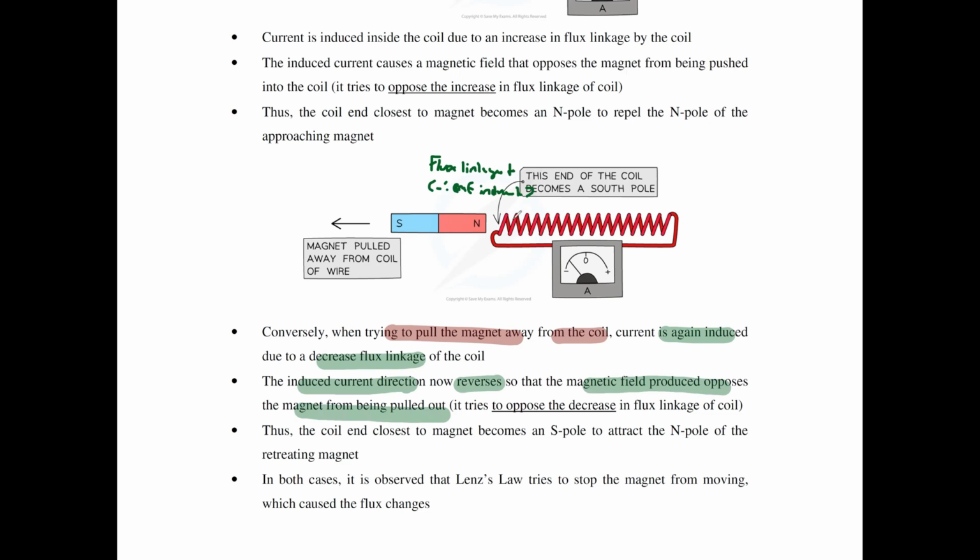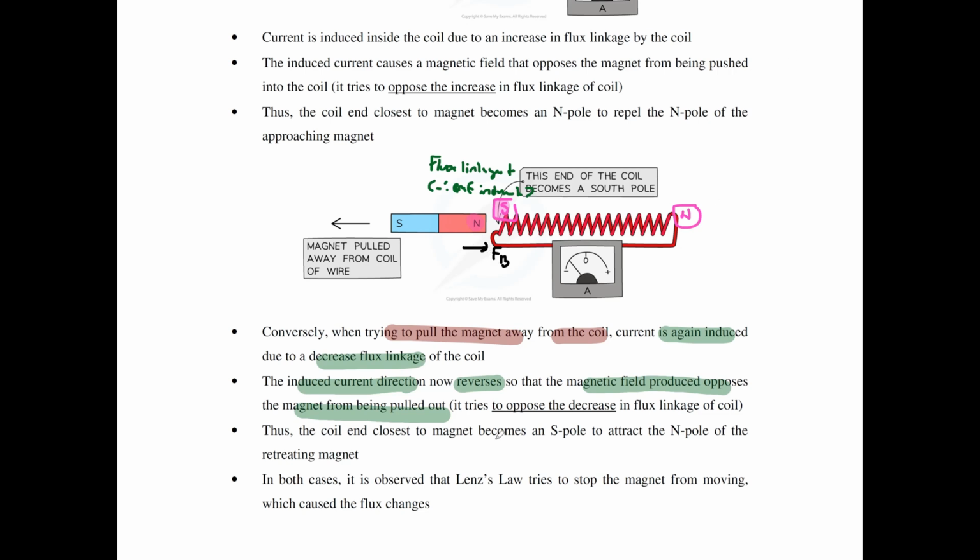It again establishes another magnetic field around the solenoid, but this time it will be south pole here and north pole here, so that the bar magnet will actually experience a magnetic force that's trying to pull it back in.